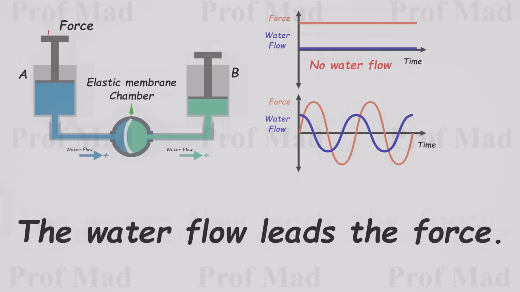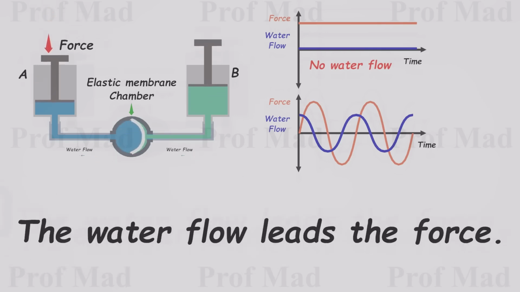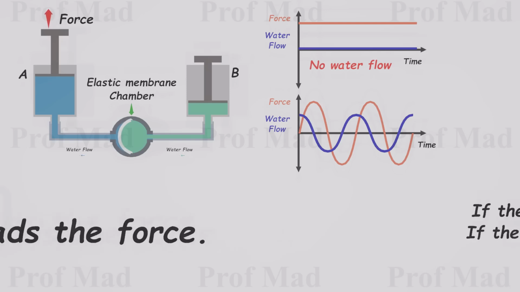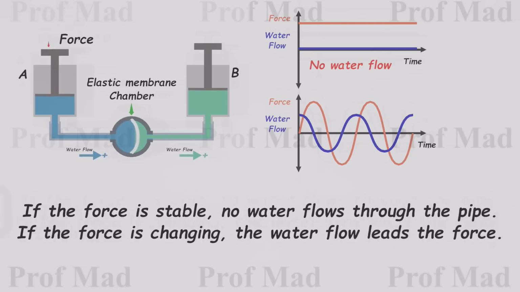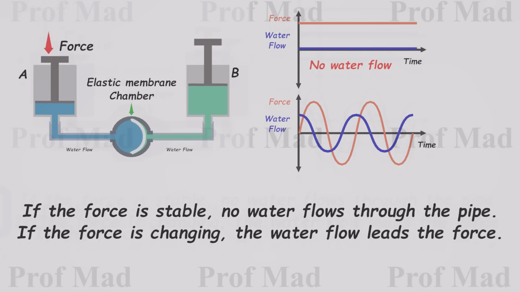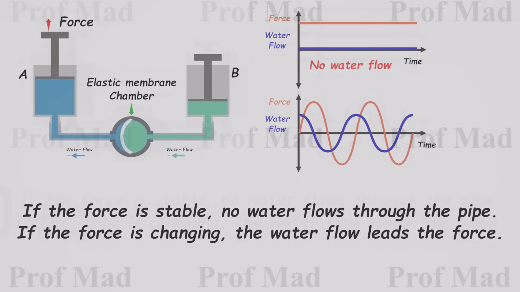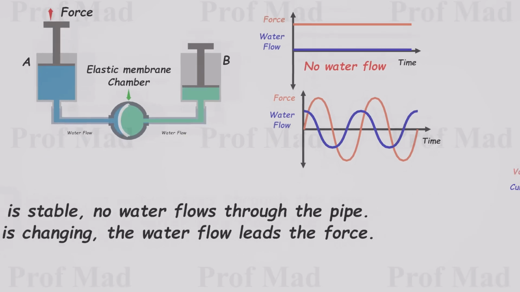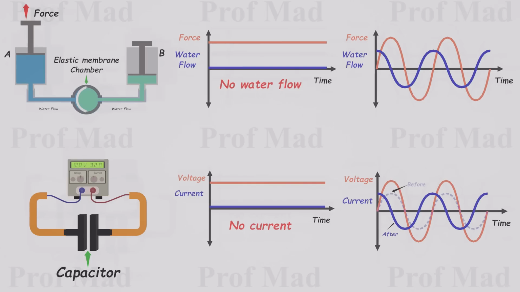In this example, the water flow is leading the voltage. If the force remains constant, no water flows through the pipe. However, if the force changes, the water flow leads the force. This behavior closely mirrors how a capacitor operates in an electrical circuit.